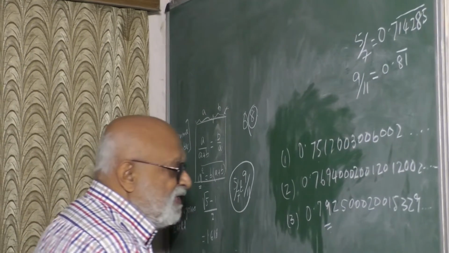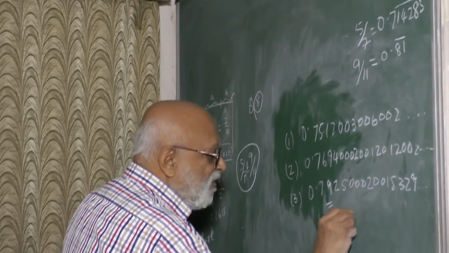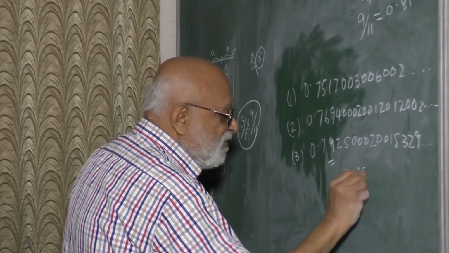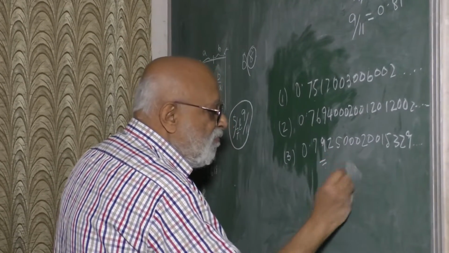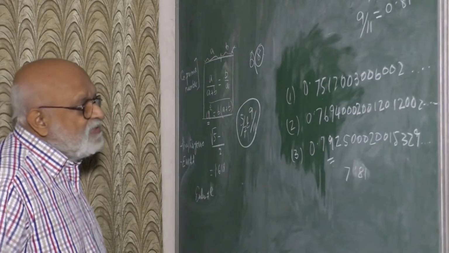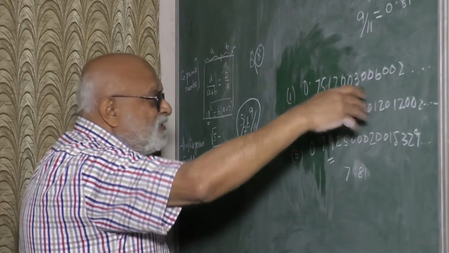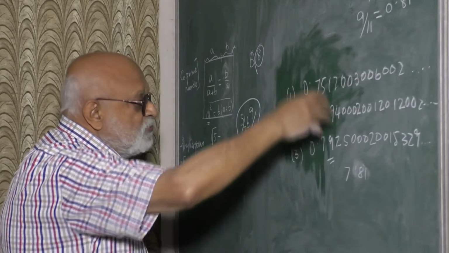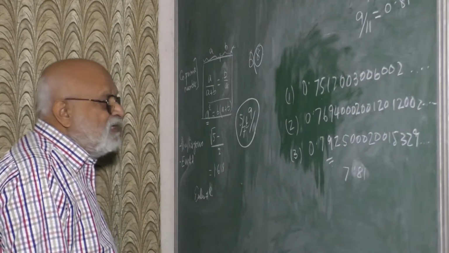So it should not be greater than 0.81. Is that okay? Because you can keep on writing anything here. So these would be 3 irrational numbers.